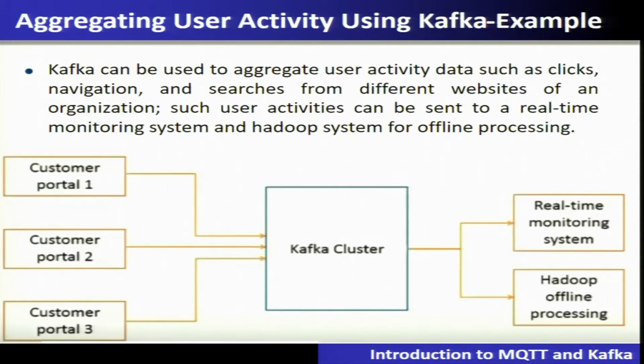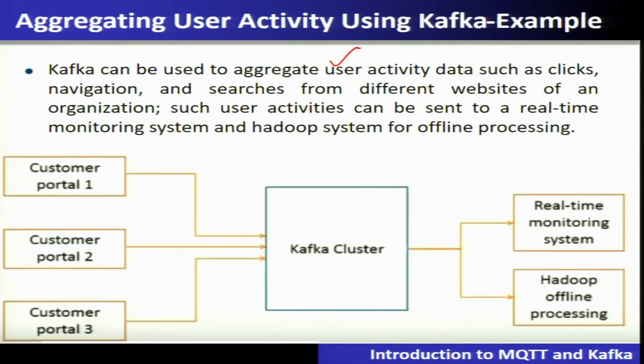Now, let us see the applications, the user activities using Kafka example. Kafka can be used to aggregate the user activity data such as clicks, navigation, and searches from various websites of an organization. Such user activities can be sent to a real time monitoring system and a big data system for offline computation.